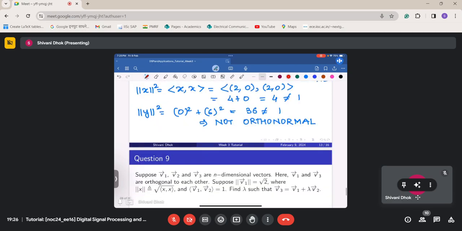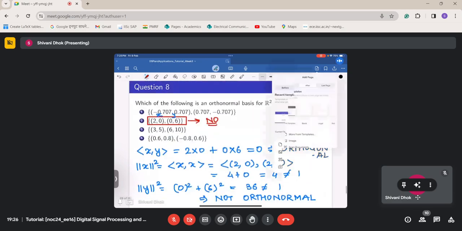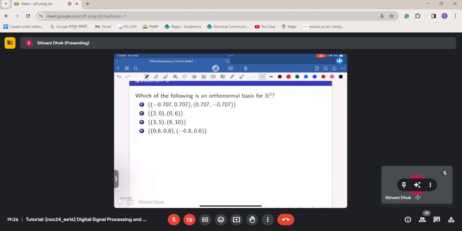Now let us look at the third one. Now this we can just understand by observation only, but still let us do it. Let's look at orthogonality. So this will be 3 into 6, that is 18, plus 5 into 10, that is 50.